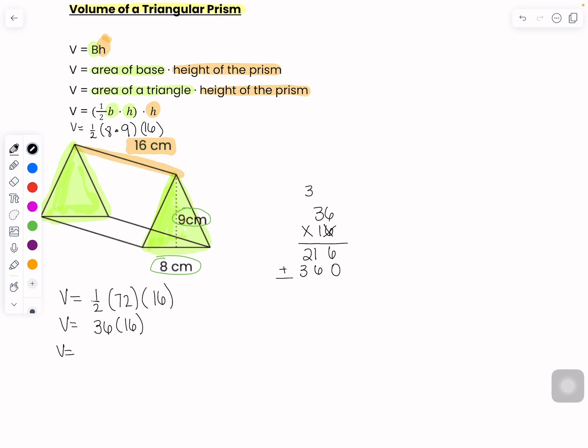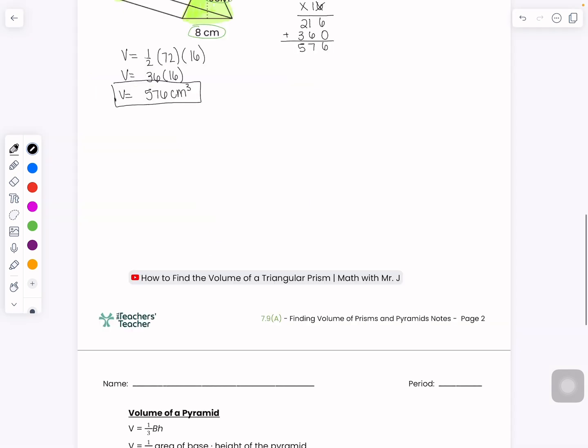We're going to go ahead and add, and we end up with 576 cubic centimeters. Don't forget, you have a video that you can look at if you need another example of finding volume of triangular prisms.